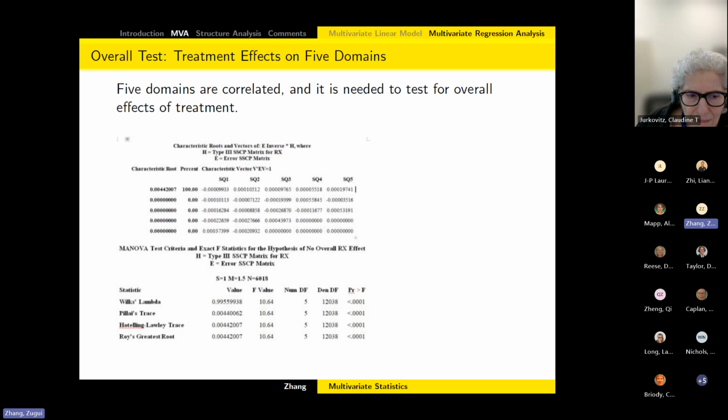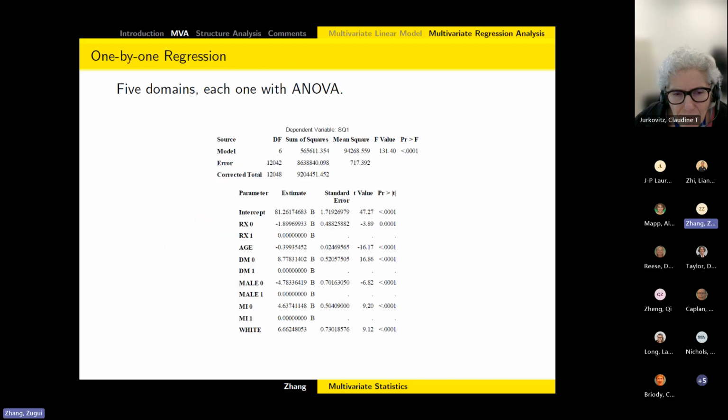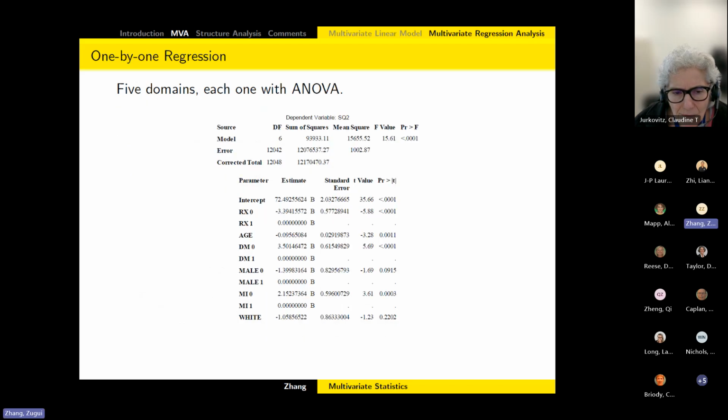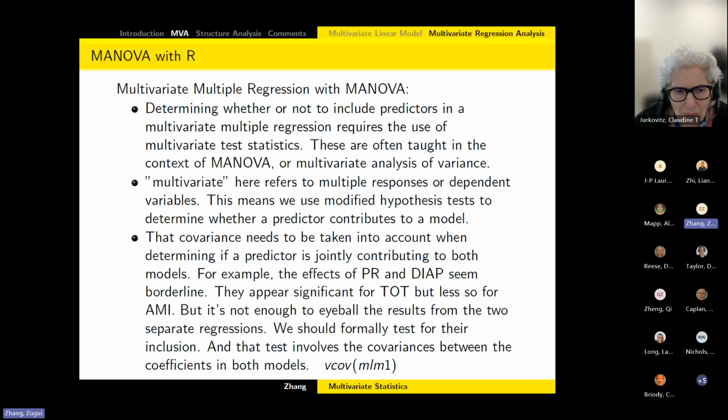5 domains. But the most important thing is that if we conduct them one by one, that will not be the case. For dependent outcomes like SQ1, SQ2, separate analyses are not enough. For example, the covariance needs to be taken into account.